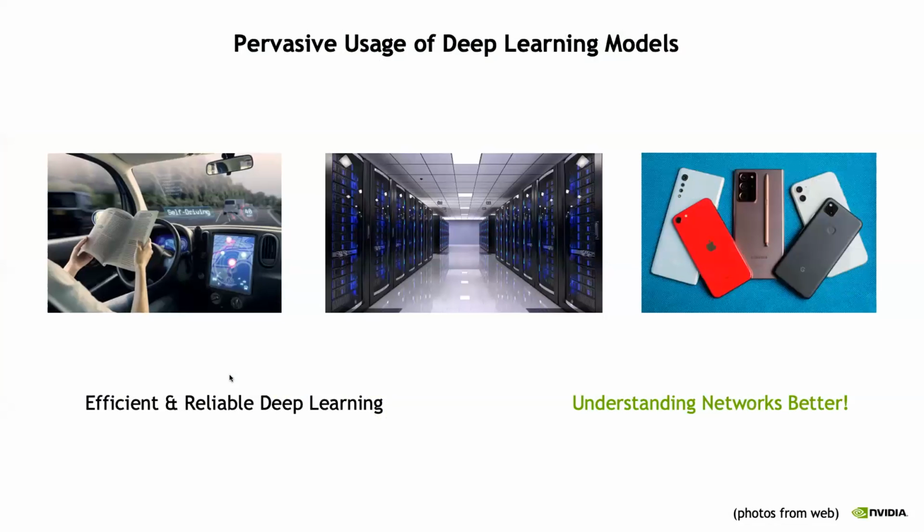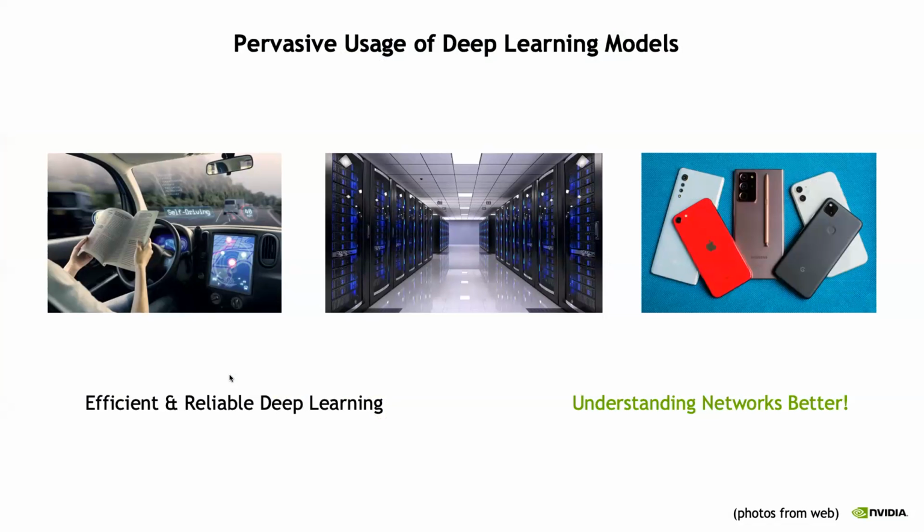I will not spend too much time emphasizing the importance of efficiency and reliability of deep learning models, because they are now getting pervasive usage. We are entering the new realm of multimodality, GPT-4, and large language models, and we have to run them at different places. Sometimes it's self-driving cars, sometimes we have to run it on the cloud. Oftentimes we also face extremely stringent latency or memory consumption constraints, such as on the mobile phone.